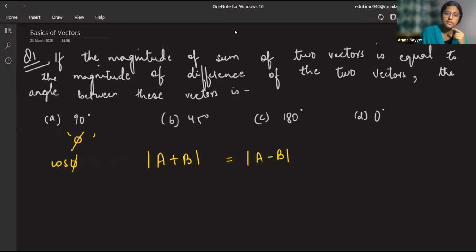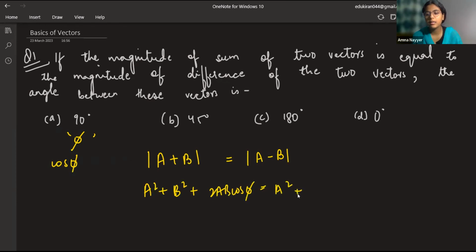Yes, Khalil, right. Correct answer. See, if I expand it, it will become a square plus b square plus 2ab cos phi. Same thing will be here also, a square plus b square minus 2ab cos phi. So a square, b square, here also a square, b square, they'll get cancelled. We'll have 4ab cos phi equal to 0.